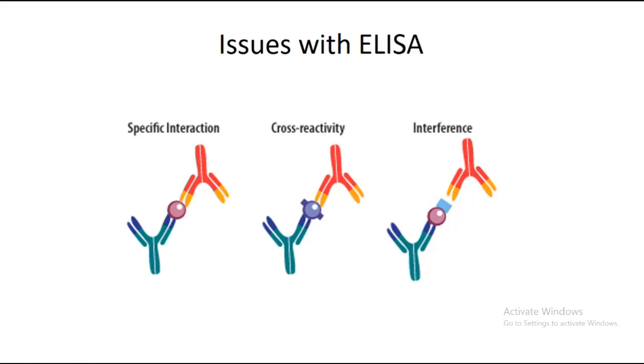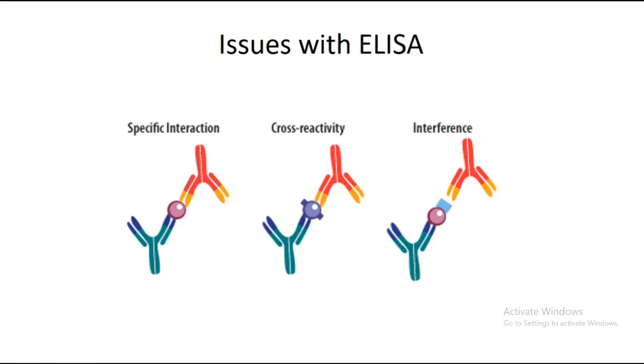And what's going to happen there is you're going to get a false positive because when you read the results, you're going to think that you are measuring this antigen when in reality you're measuring this non-specific antigen. So that's cross-reactivity.